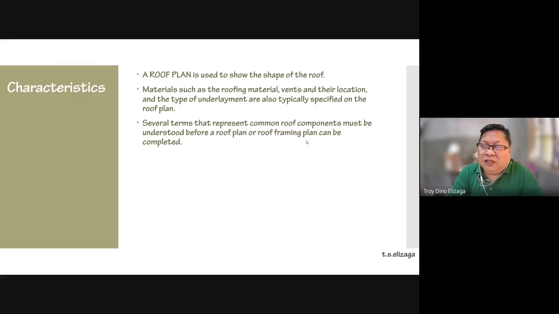Although personally, I would separate it from the site dev because I want the site dev to show only the footprint, meaning only the walls. If you put the roof on the site dev, there's a part between the wall and the edge of the roof which cannot be seen, and we do not have any other way of showing what goes on after the walls.